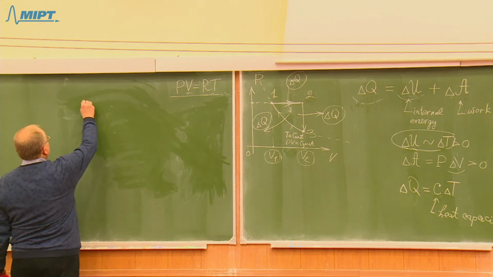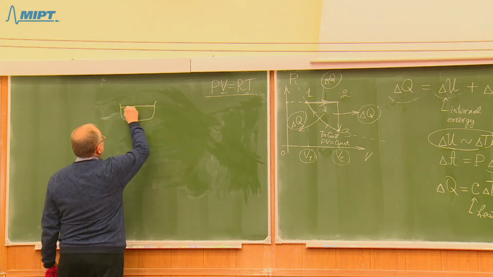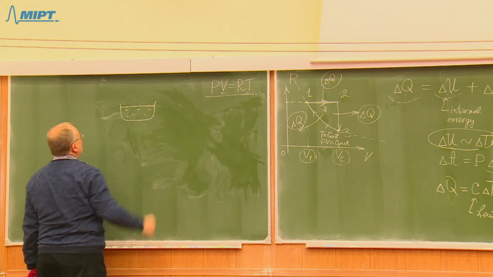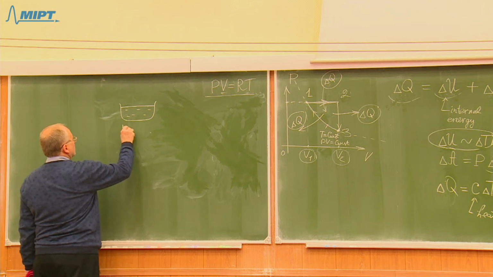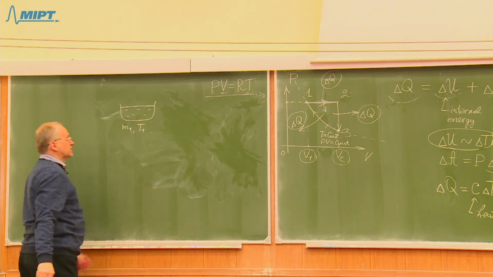Assume we have some liquid in a vessel. There is some liquid here, and the mass of the liquid is m1, and the temperature of this liquid is T1, absolute temperature.